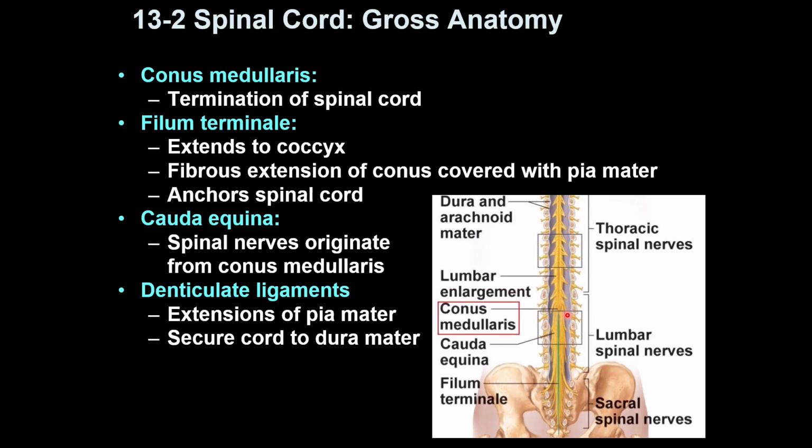And the denticulate ligament, which you cannot see here but I showed you in the previous image, is a ligament like this. These are connective tissues that connect the spinal cord to the wall of the vertebral canal, so this is the wall, and it stabilizes the spinal cord.